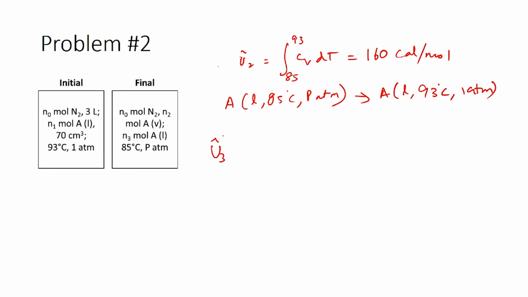If you remember, we have identified that delta H cap V is equal to delta U cap minus RT. However, in these calculations we are using internal energy, so we need to find the internal energy change associated with the vaporization process.